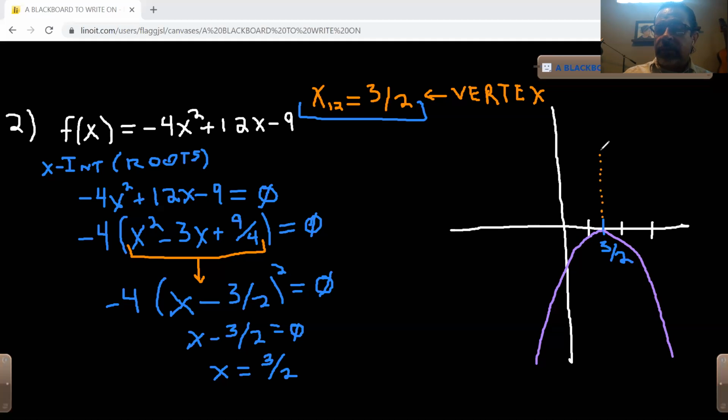Okay, and I'll get to the questions in the chat in a moment. And again, when we calculate the x-intercepts and we only have one x-intercept, that means that x-intercept has to occur at the vertex. Okay.